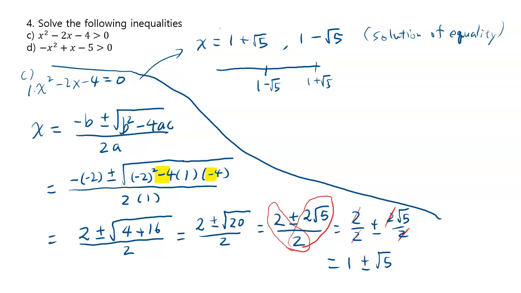Then you want to pick a number from each interval on this number line. Once we pick these two numbers, they divide the entire number line into 3 intervals. There's one interval, another interval, and this third interval. And we're going to take sample points and test them.